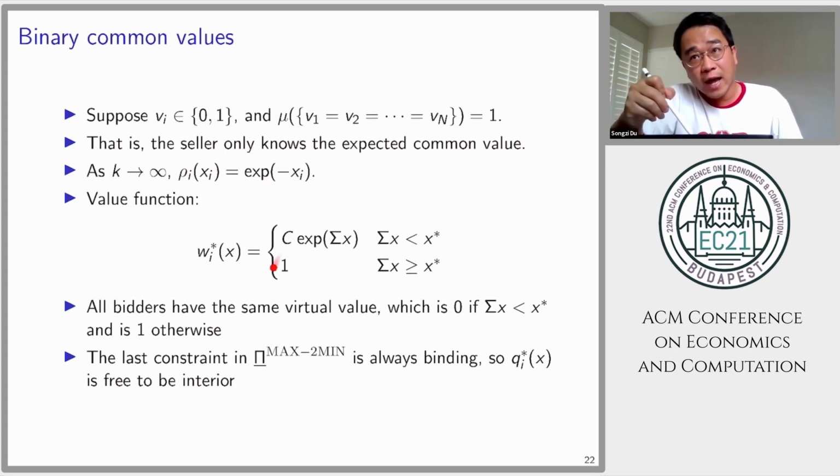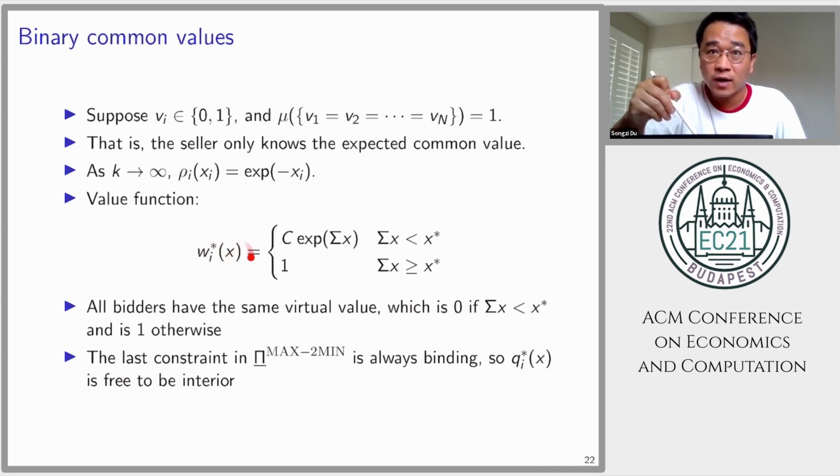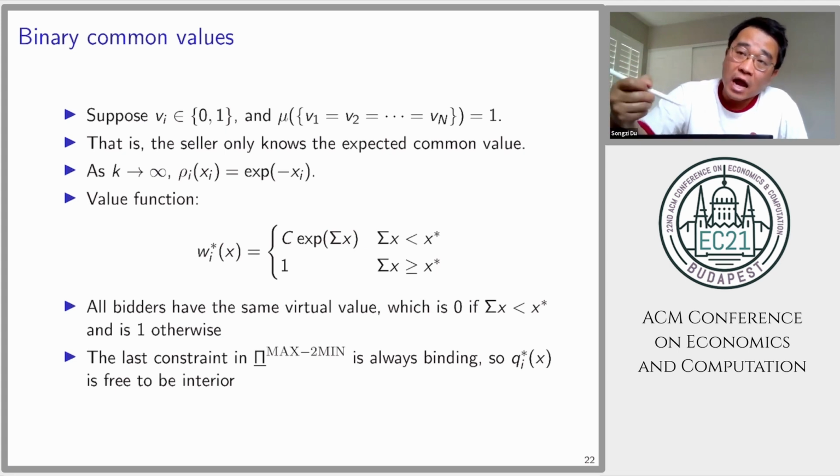And then let's look at this candidate for the interim expected value. Because we specialize to common value, everyone has exactly the same interim expected value given a profile of signal X. So let's assume it also has an exponential functional form. So the interim expected value is some constant times the exponential function of the total signal, the aggregate signal, the summation across the signals.